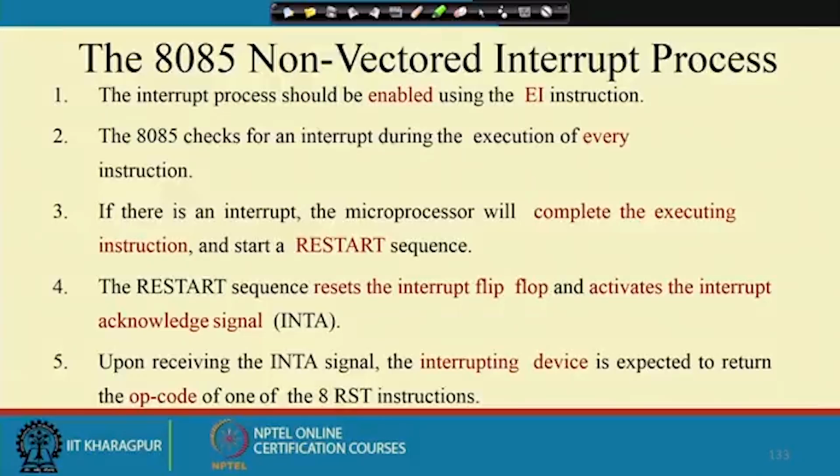There are 8 RST instructions, and each of these is of the format RST n, where n is a 3-bit number, and RST n is a single byte instruction. Upon getting this interrupt, the processor enters into an interrupt acknowledge machine cycle.